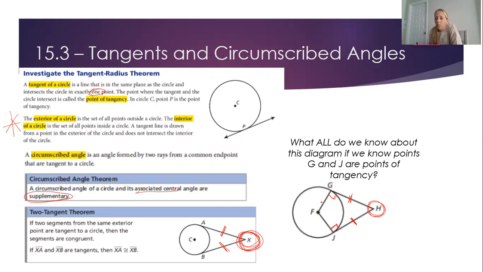What else do we know? Don't we know that radii are equal? Therefore, FG and FJ are congruent segments because the radii within any circle are always congruent. So these are all facts that we know simply by what has been covered already in Module 15.